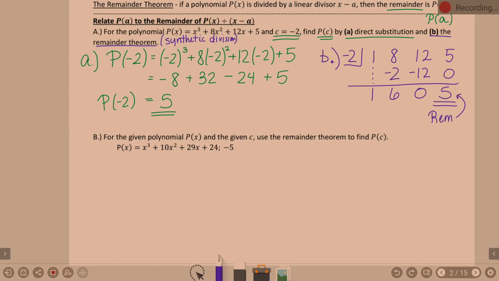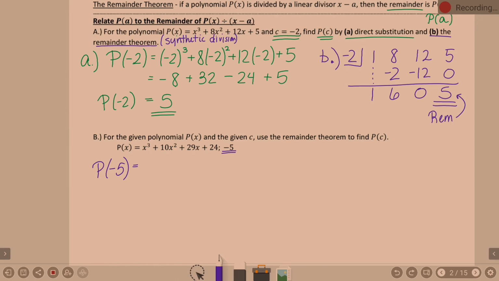For the given polynomial in the given C, use the remainder theorem to find P of C. So when they say find P of C, where is C? Do you see it? Sorry, bad setup on my part. Negative 5, right? So they want us to find P of negative 5. What is one option? Can you do substitution?